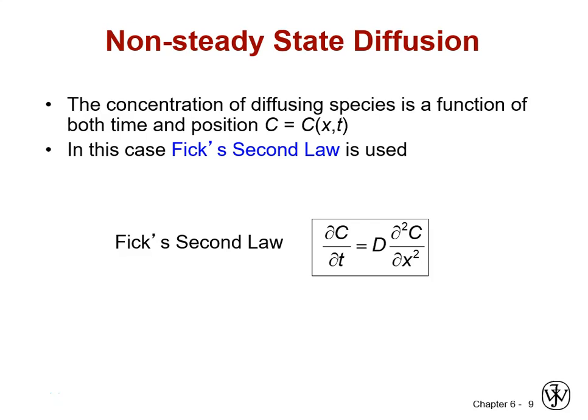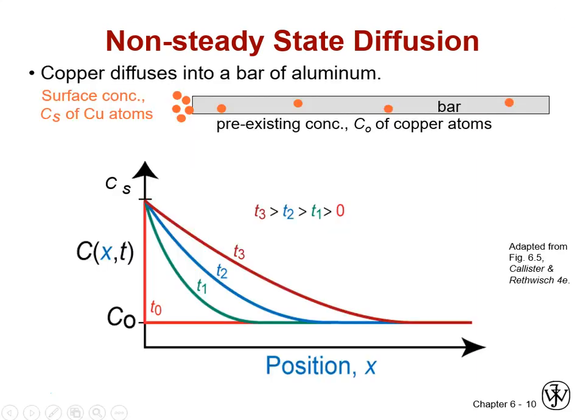You could read this in words as the change in concentration of your diffusing species with time is equal to the diffusion coefficient times the second derivative of concentration with distance in the diffusing direction. The example that you might work in the class is one particular solution to that differential equation.